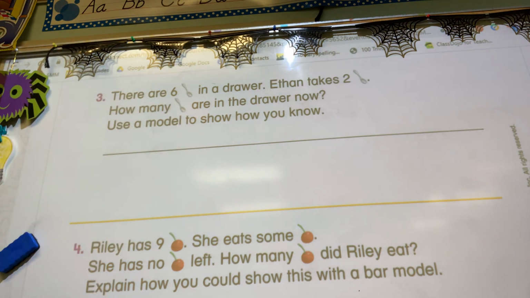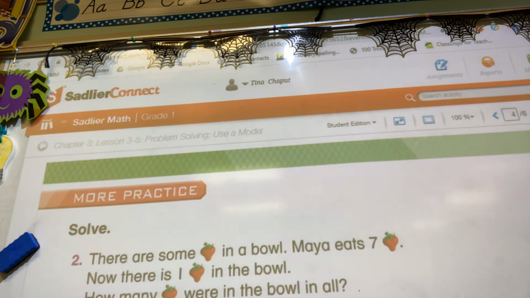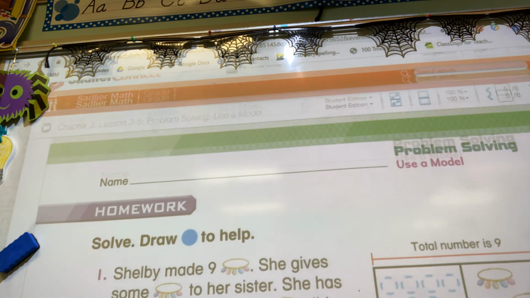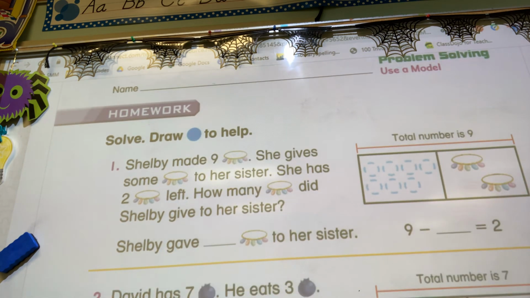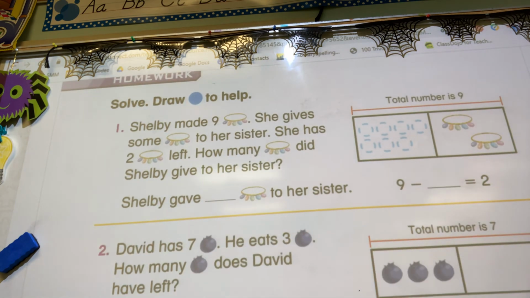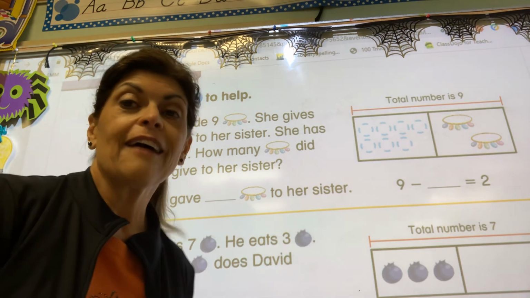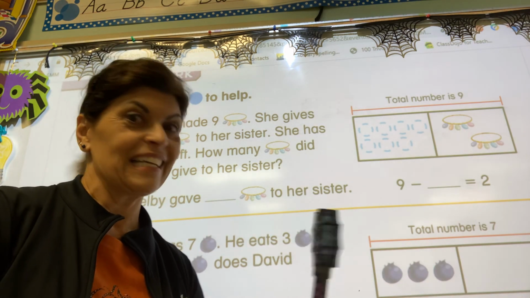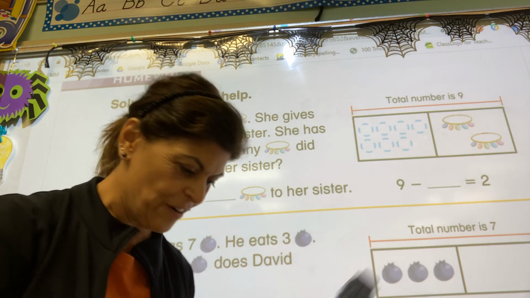And then for homework tonight, roll this back up. Homework problem solving. You know how we usually have 1 page for homework? Well, tonight, guess what? There are 2 pages for homework.